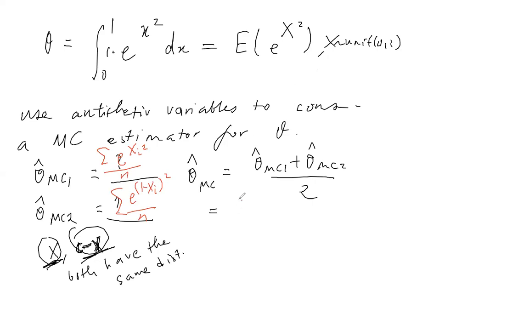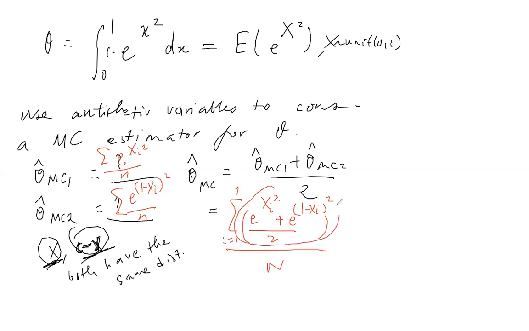So basically, this will be the summation of E of xi squared plus E of 1 minus xi squared, divided by 2, and over n, right? Okay. So this guy here, you have already averaged out the antithetic variables, okay?